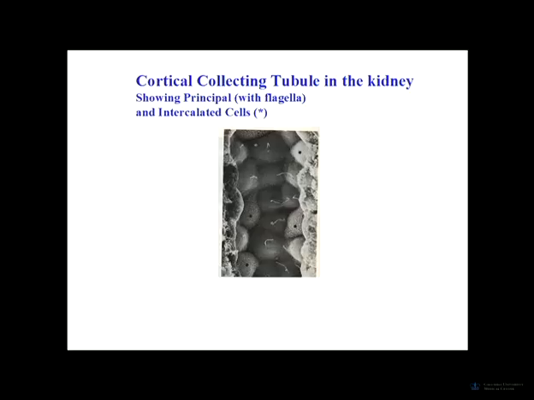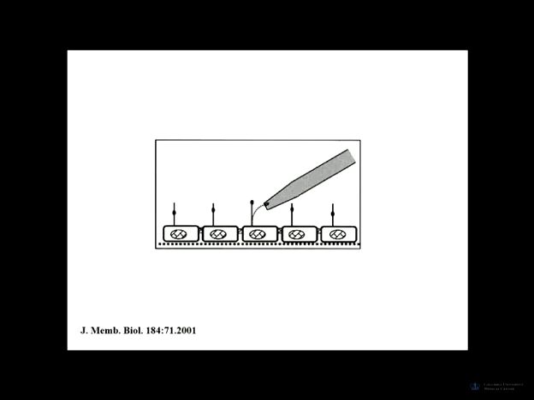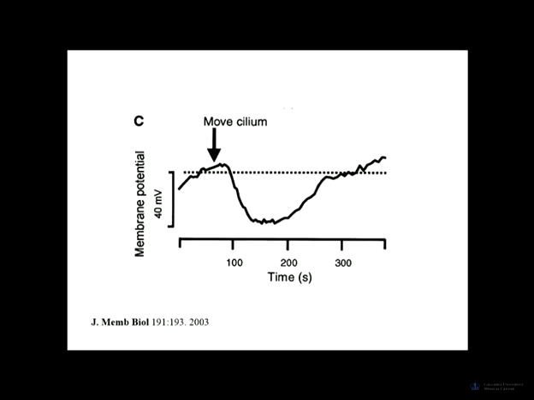So what, you say? Well, some very clever guy took a pipette and sucked the flagellum into the pipette, okay? And then he would tickle the flagellum and move it a little bit, and he measured the membrane potential in the same cell, which is like a heroic effort.